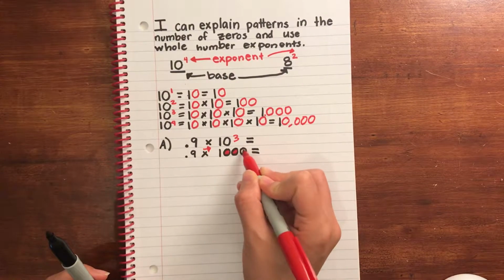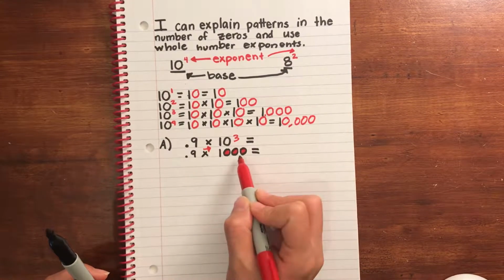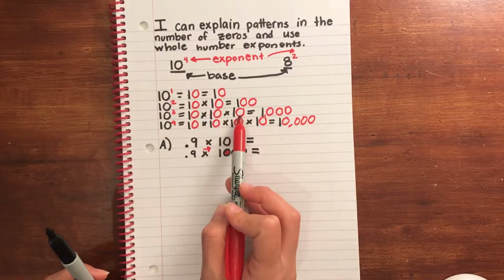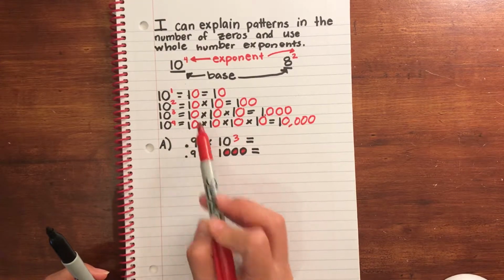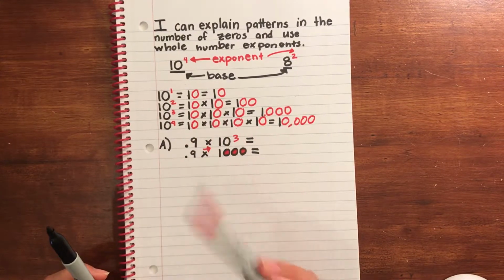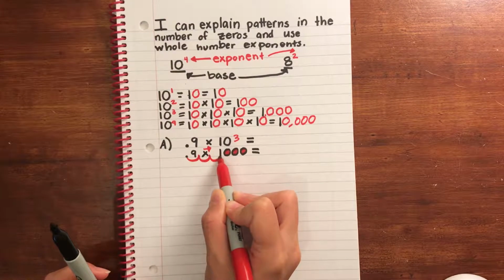The trick is to look at the zeros, but the reason you're moving the decimal 3 place values over is because really 10 to the third power is 10 times 10 times 10. Each 10 will tell you to move 1 place value over. So there's 3 place values: 1, 2, 3.